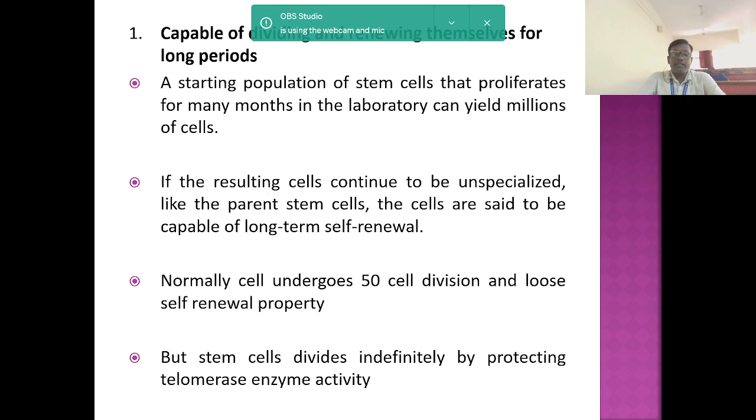Normally, cells undergo about 50 cell divisions and lose their self-renewal property. But stem cells divide indefinitely by maintaining telomerase enzyme activity.